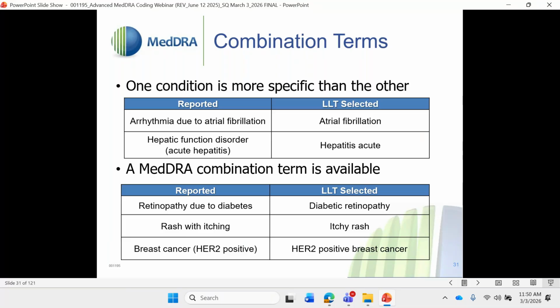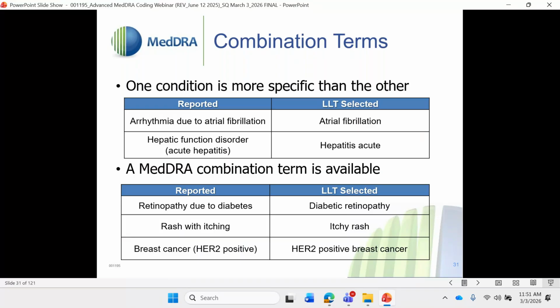And you'd be surprised that a lot of terms in MedDRA very precisely and concisely represent a concept. And look at this one, breast cancer. In parentheses, it tells you what type. It's a HER2 positive type of breast cancer. Okay, and in MedDRA, some of you are experts, some of you are less experienced, but when you do your search, you do find that there is one term, a LLT, HER2 positive breast cancer.